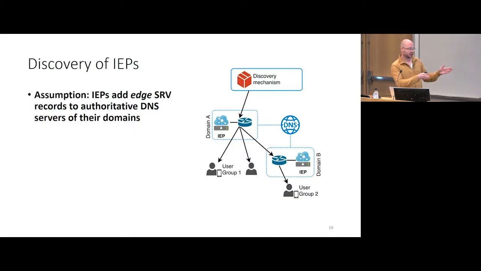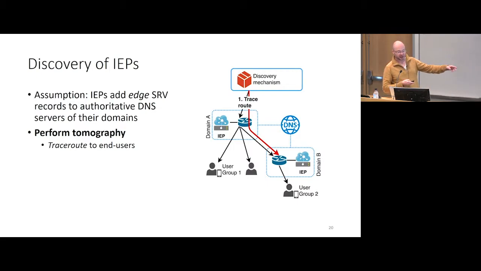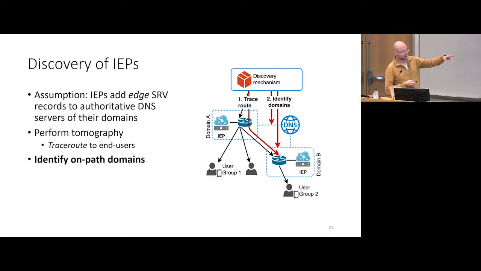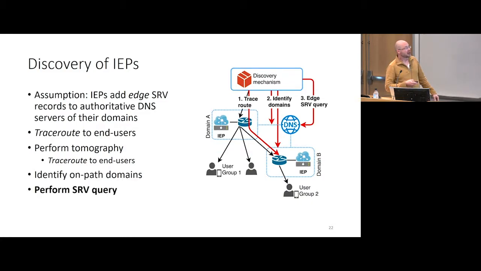Once you establish your independent edge provider, you register it in the DNS, and as an intelligent container traces the route to its end users, it will discover on-path domains, and given that there is an SRV record in the domain name server, then those locations will be discovered. And then the intelligent container can contact that negotiation service and negotiate on its possible deployment.